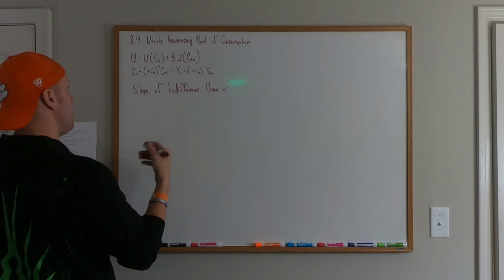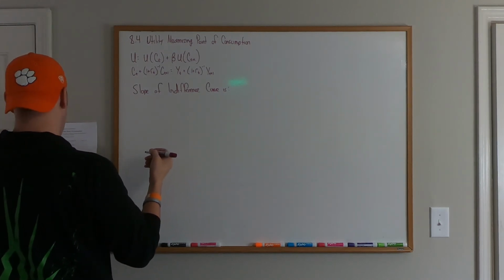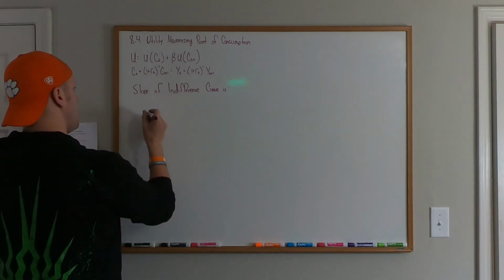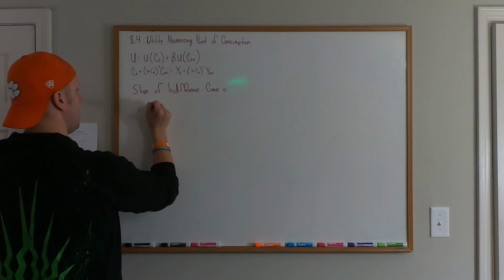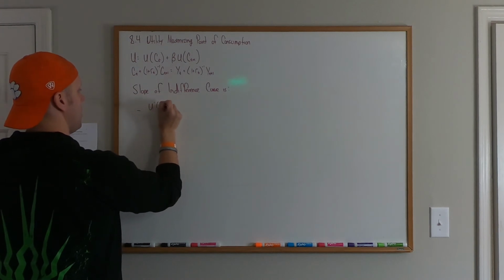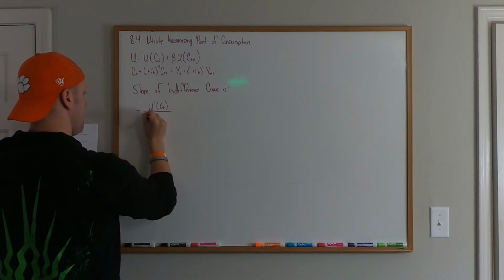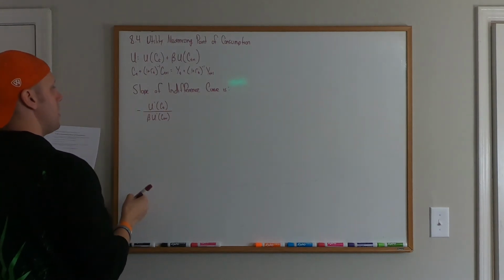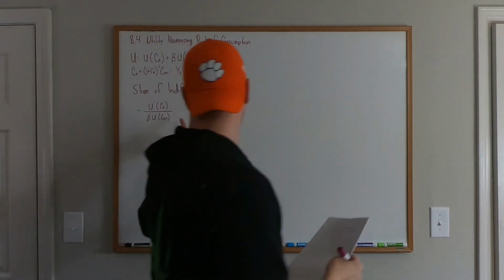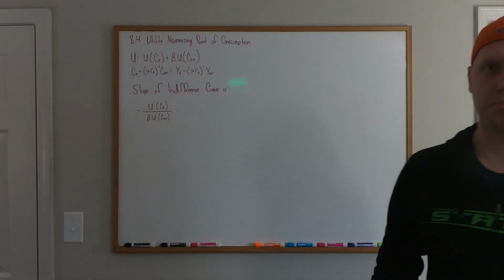And remember, the slope of the indifference curve is always negative. I'm not going to go through the calculus on this. The slope of the indifference curve is negative u prime of c_t divided by beta times u prime of c_t+1.